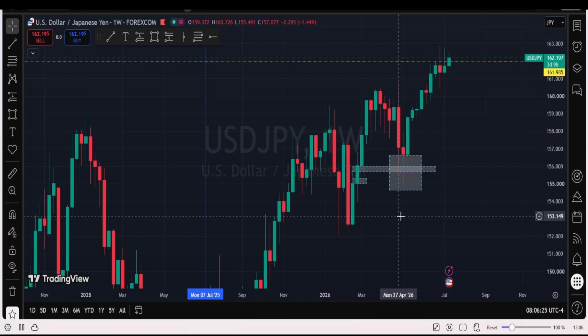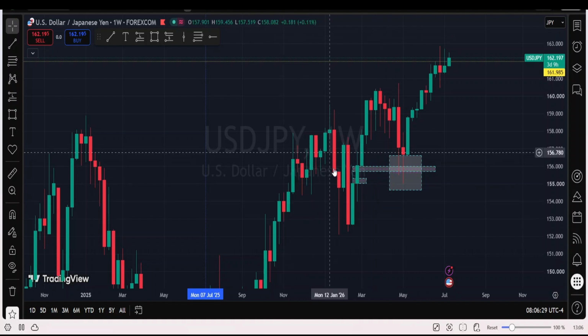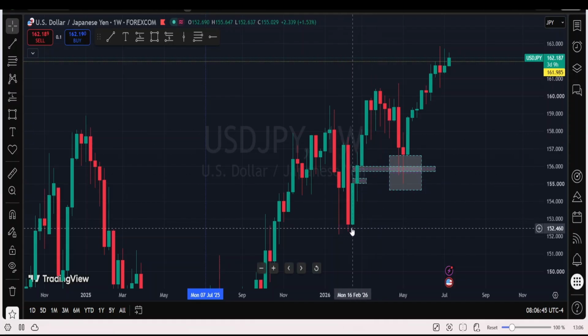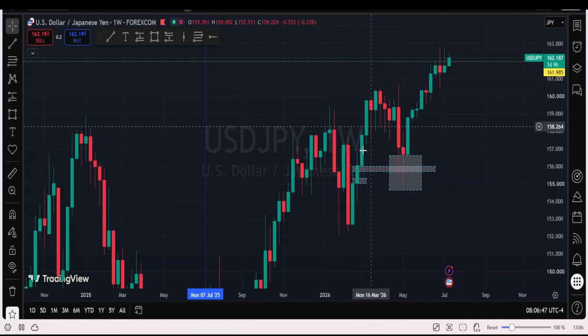Now, remember I didn't say the overall structure. I'm looking at the week. Looking at this, we already know that this particular market is in an uptrend overall. But each week, the market is always seeking something. Like what we do in liquidity narrative analysis, we are looking at each week, not the overall most times. So we map out a range that we are looking at.